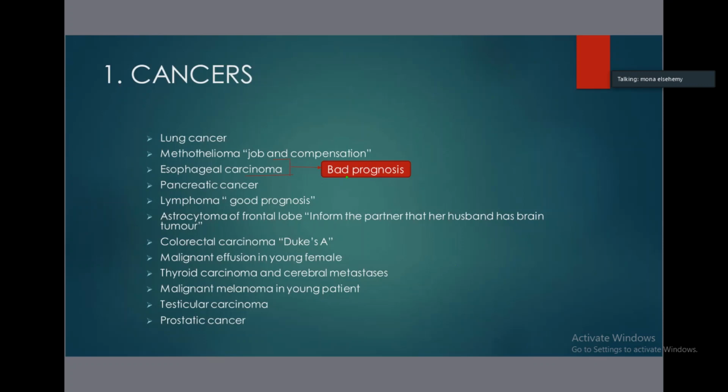And if you lose eye contact with your patient, it is very important to stop and ask him, are you following me? Do you want me to repeat anything again? Is everything clear for you till now? Appreciate the non-verbal clues. If the patient starts to turn his head or look sad, you should tell him, I'm sorry for that.